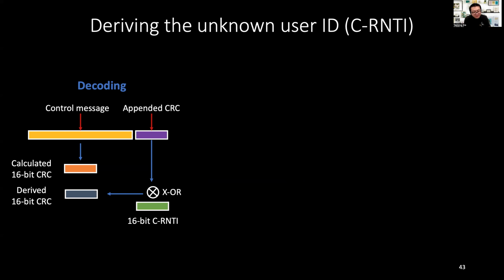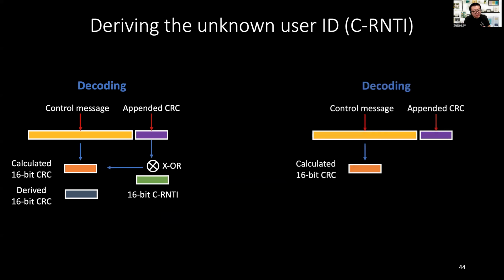But if the decoding is successful, then the calculated CRC equals the derived CRC. Therefore, we propose to XOR the calculated CRC with the appended CRC. Then we can get the C-RNTI, because the XOR operation is linear, so it can be reversed.